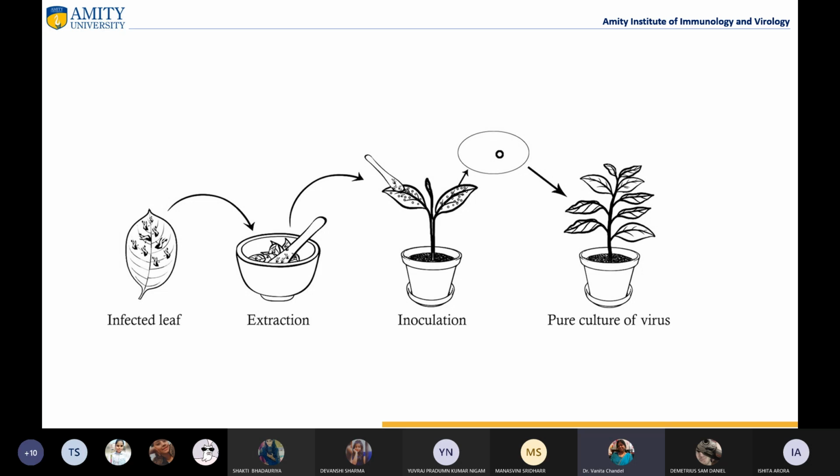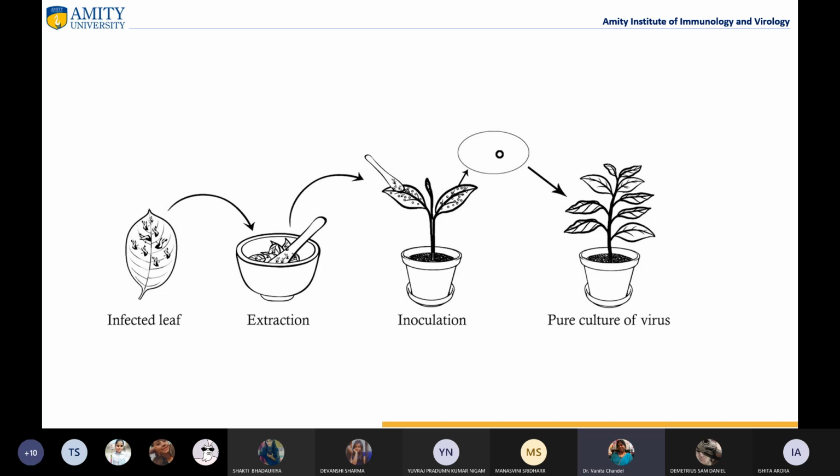After that, using just a finger tip, or a cotton gauze or a cotton swab, we lightly dab and abrade the leaf, or the part of the leaf where we want to inoculate. That means we do a certain kind of wound abrasion, because viruses need a wound in order to enter.